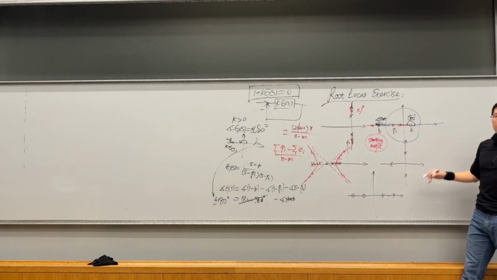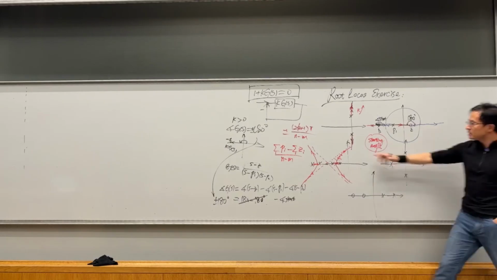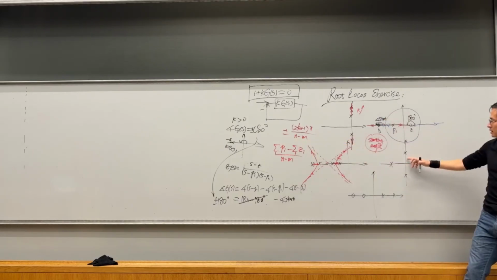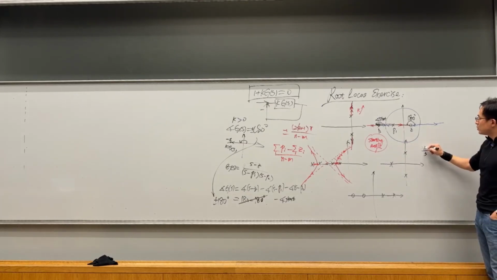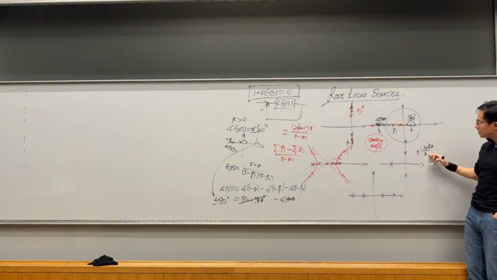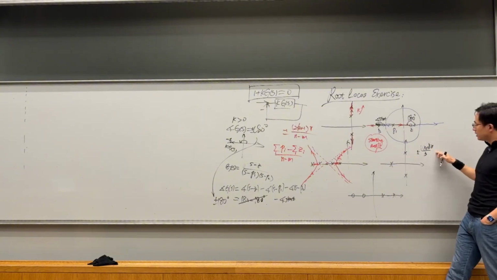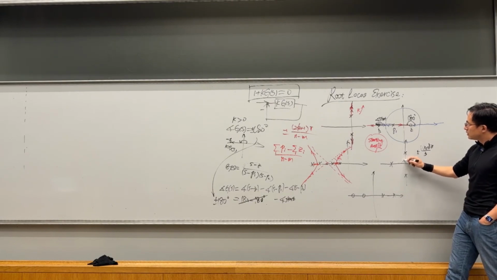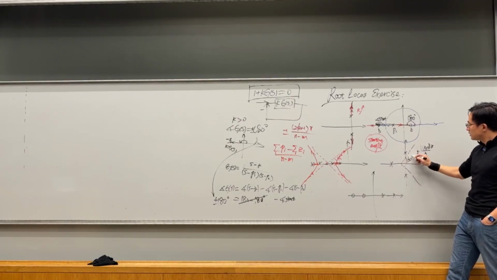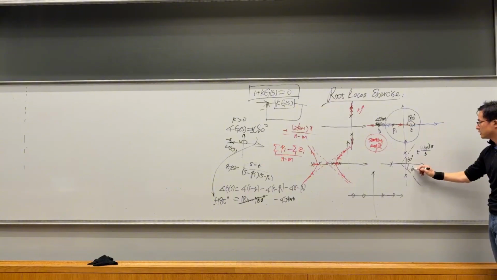The asymptote angles are, so n is 3, m is 0. So the asymptote angles are (2k+1)π over 3. So that is 180 over 3. So 60 degrees, somewhere 60 degrees like this. -60 degrees, and then negative 60 degrees is here.